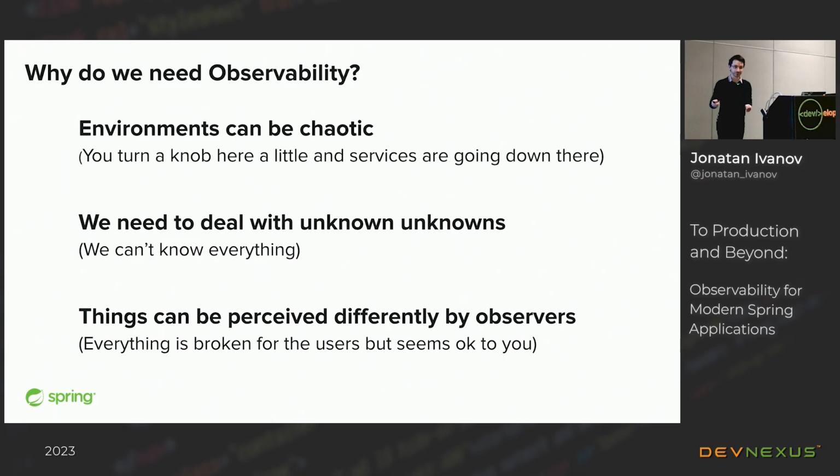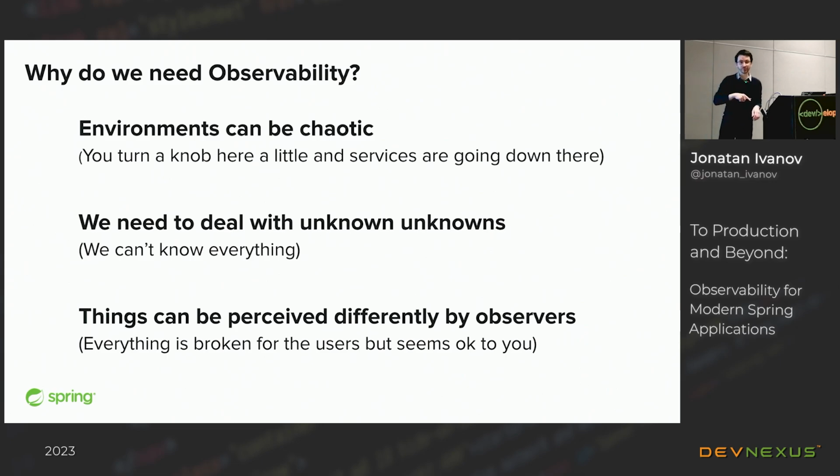Those are the known unknowns. And there are things which you have zero idea that they exist and they can bring your production down. And somehow we need to deal with those as well. And to make things even worse, if it is possible, things can be perceived differently by different observers. This means that maybe from your perspective, everything is 100% okay.